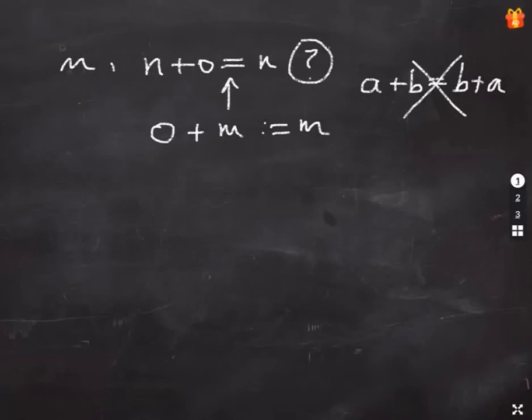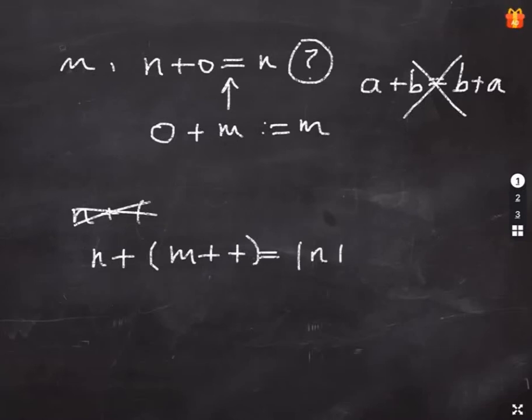Next lemma. For any two natural numbers, n plus m plus plus is equal to n plus plus plus m.